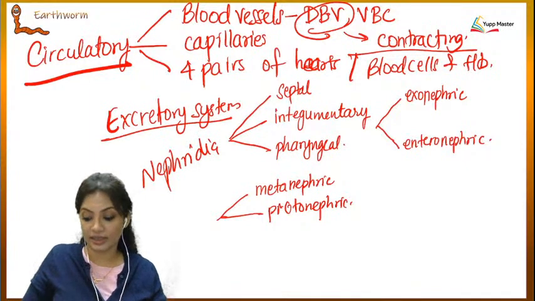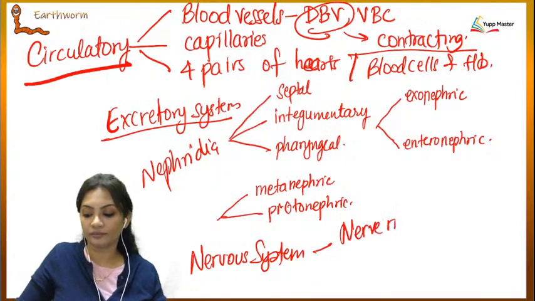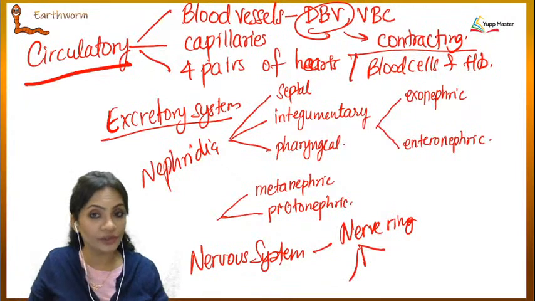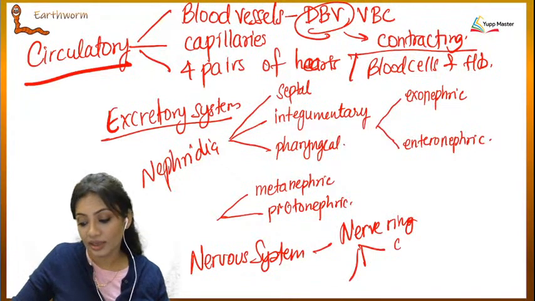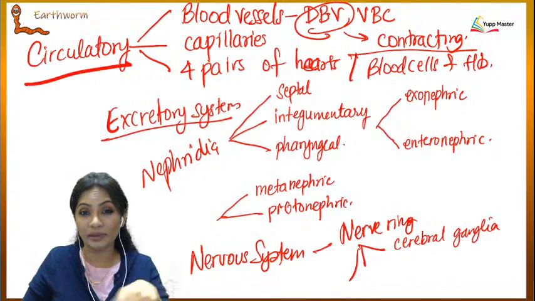We did the nervous system, and in the nervous system, the most important thing was the nerve ring. In the nerve ring there were three parts. Which were those three parts? Initially the cerebral ganglia. Second were the connectives. Remember the name of the connectives?